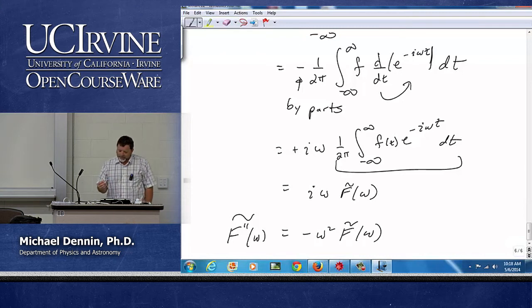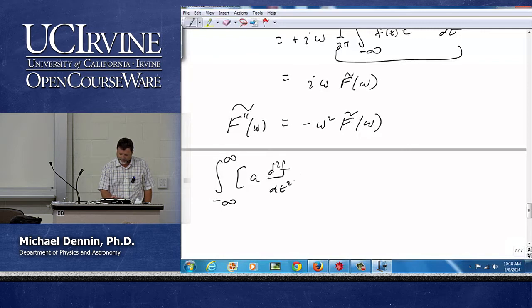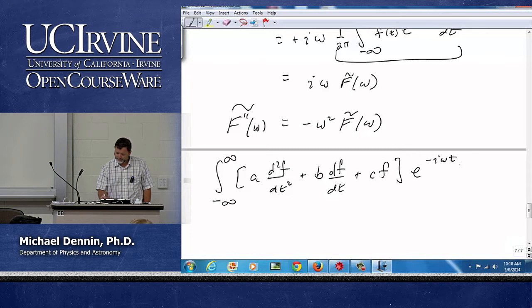So now what I can do is I can take my entire equation and Fourier transform it.